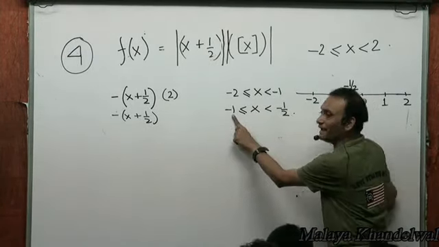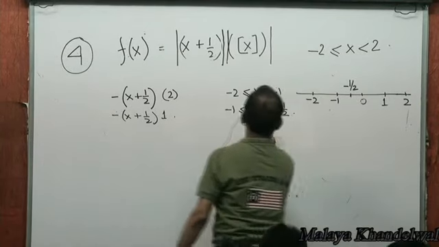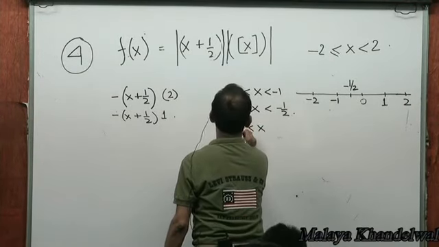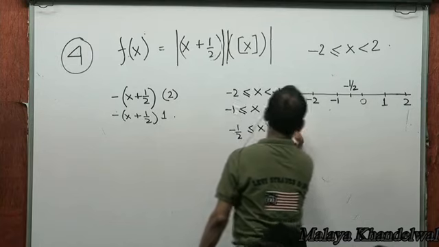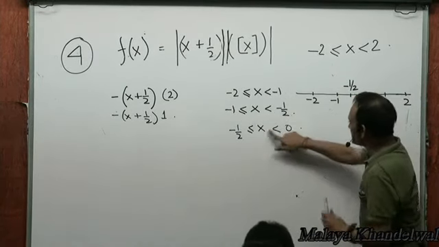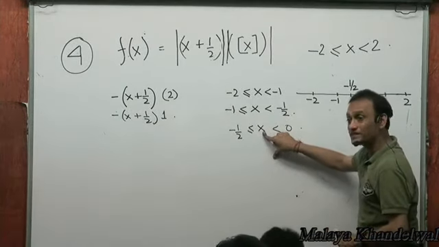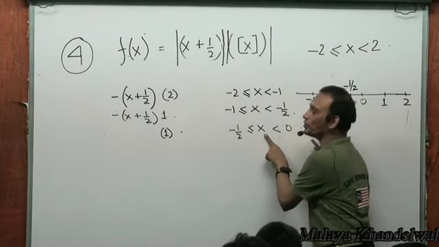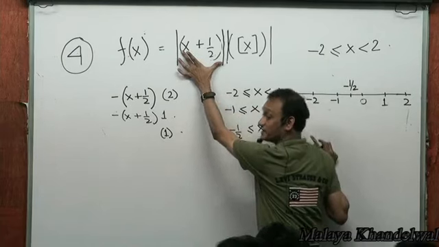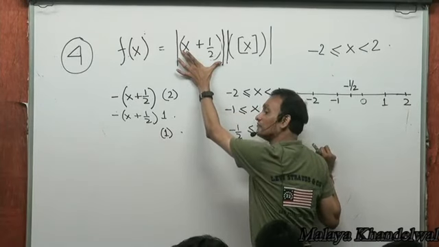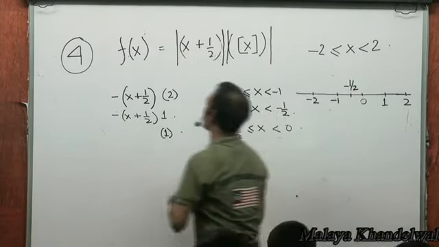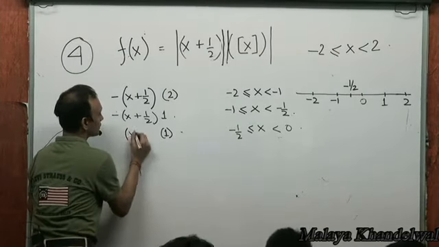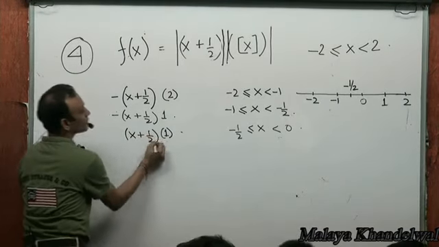Yes or no? Then x greater than or equal to minus half but less than 0. In this interval, box x will still be minus 1, mod of box x will be plus 1. And since x is greater than or equal to minus half, x plus half is greater than or equal to 0, so mod of x plus half will be x plus half. Right?